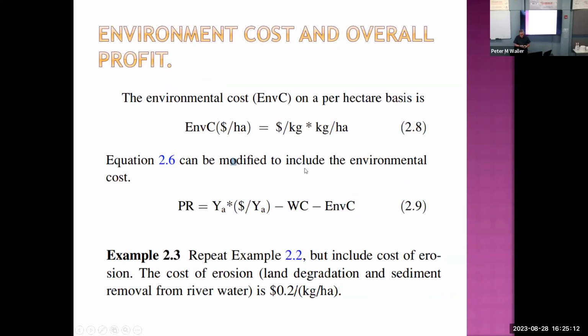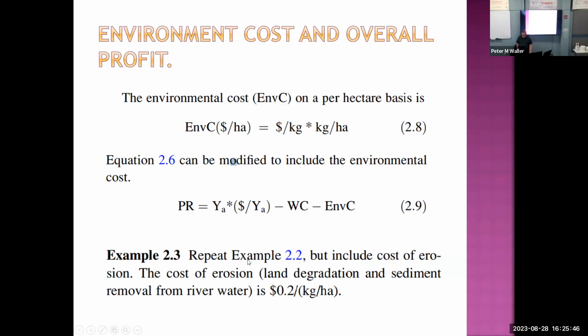So let's talk about the environmental cost on a per hectare basis. You would just assign it a cost, and the cost could be due to, like, they have to go in and dredge the river, or they have to remove sediment from the water treatment plants where they're taking water out for cities. That's more likely what the cost is. So that's a direct cost that could be assigned in addition to the environmental damage or just degradation of the environment.